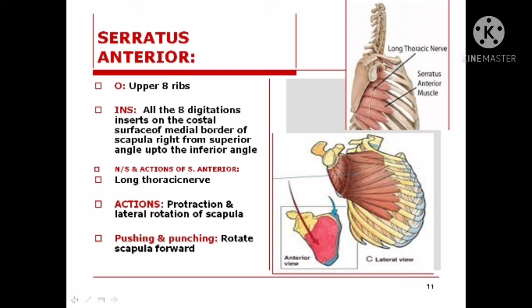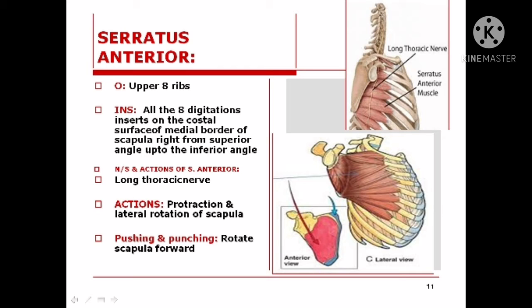Serratus anterior muscle. Serrations or digitations or slips. This muscle arises by means of slips, and these slips are 8 in number, from each of the upper 8 ribs.